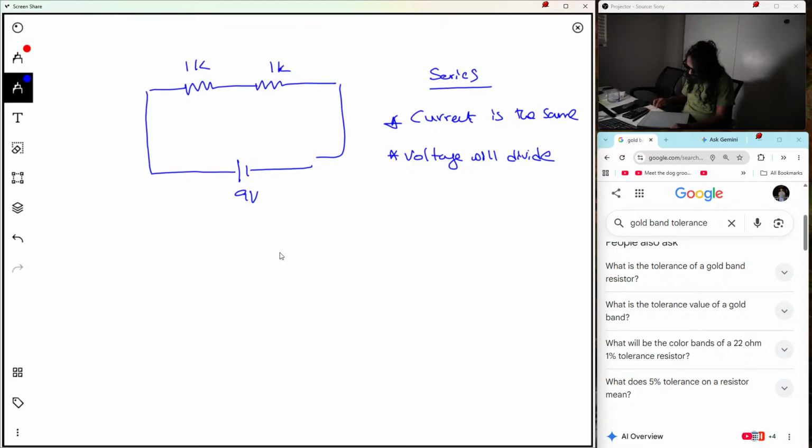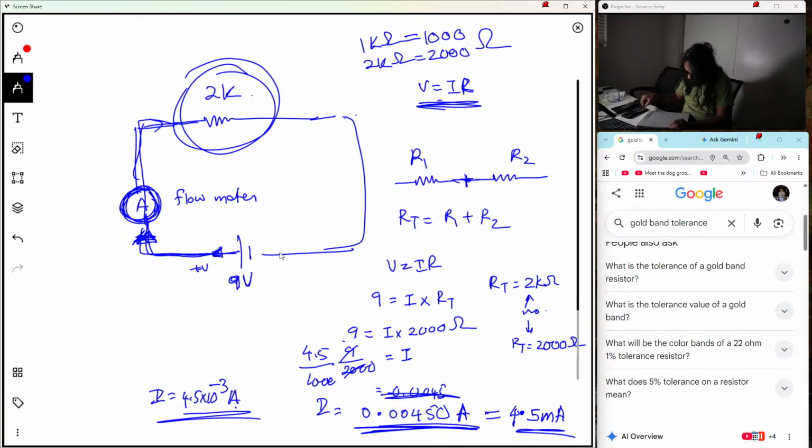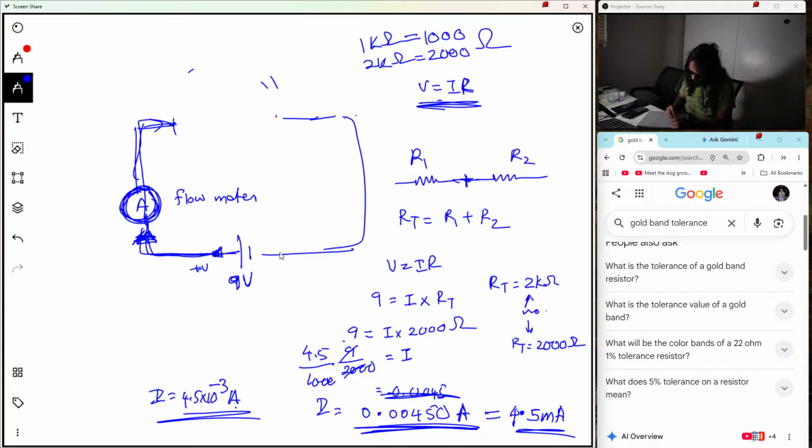What does that mean? It means that when we have the ammeter, we can again put both the resistors here, R1 and R2, right? Current is the same means like no matter where we place the ammeter, it will show the same reading.